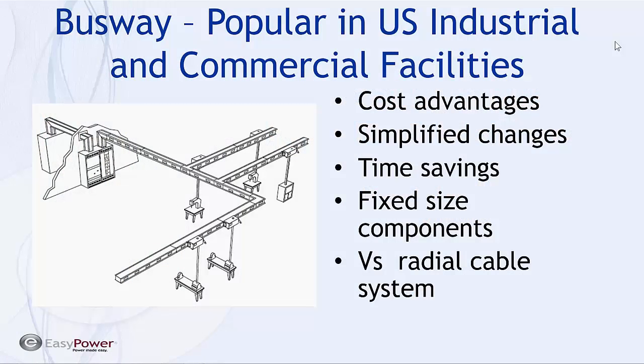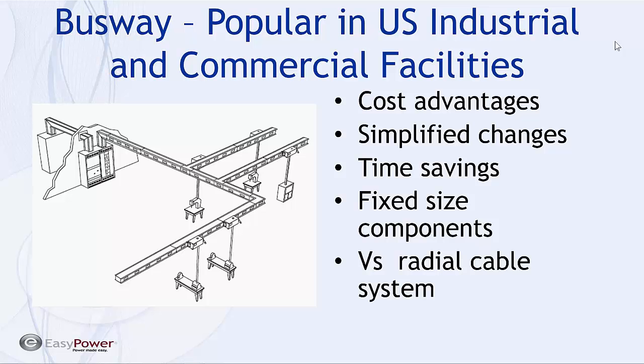What we're going to talk about today is busways, sometimes referred to as bus ducts, popular in a lot of applications since the mid to late 50s, primarily because of their cost advantages versus a conventional cable-connected system.